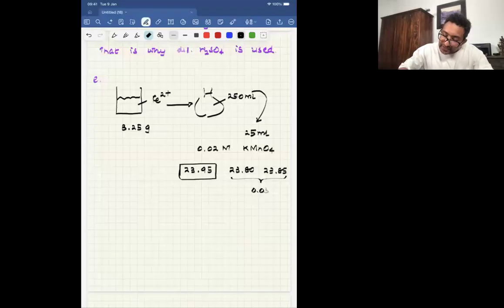So anyway, the first reading is usually a rough reading. So don't use the first reading, and take the average of the other two readings. Make it average, right? So 23.95 milliliters is a little off from the other values.